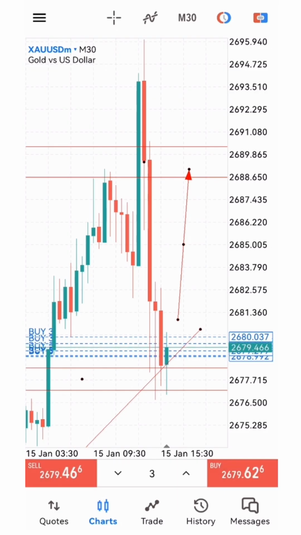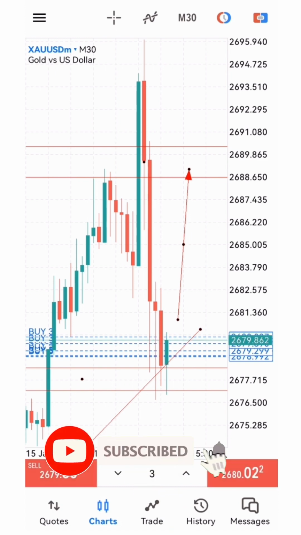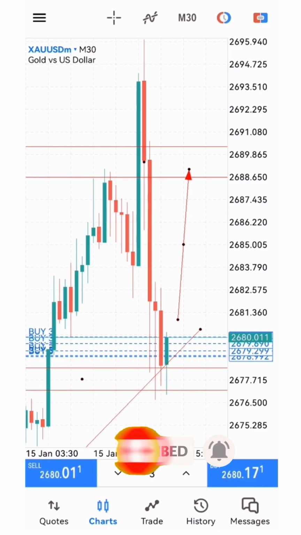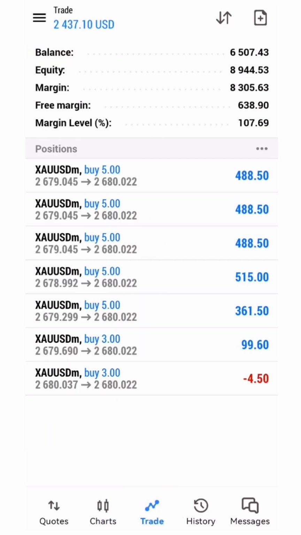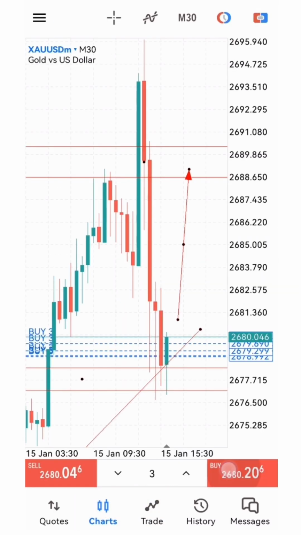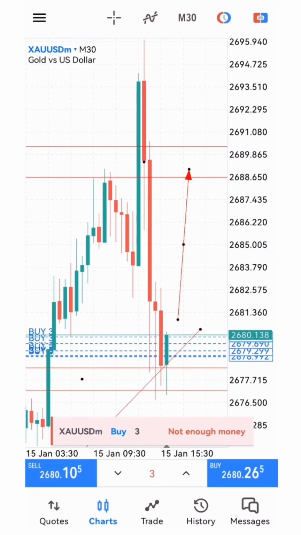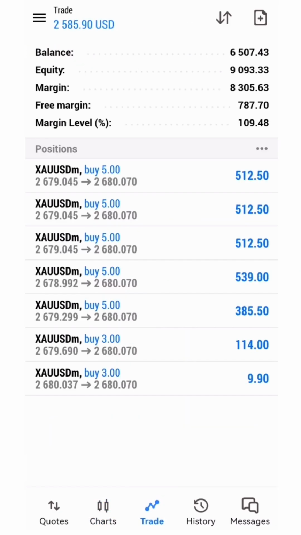Because if you are not patient enough and you keep clicking and clicking everything, and you cannot wait for the market to revive to its original position, or go to a certain point which you are sure it will go, then for sure you should quit as a trader, because it will get you a great deal of loss. And you can see that we are about $2,500 in profit, and it is even more.